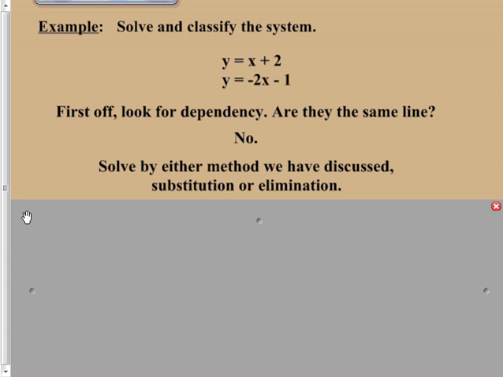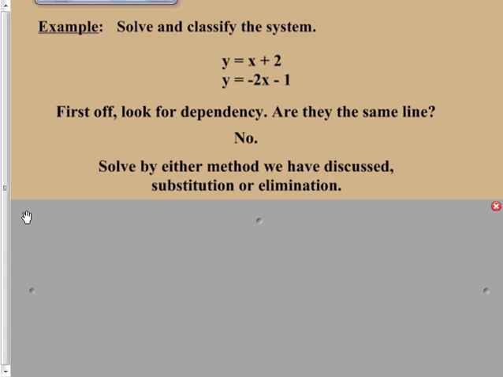We're going to solve by either method we have discussed, either by the substitution or the elimination method. Now that you know how to do both substitution and elimination, hopefully you have arrived at the conclusion that some problems are naturally set up better for substitution, while other problems are naturally set up better for elimination. So having both of those methods under our belt can make it much easier to solve a problem.